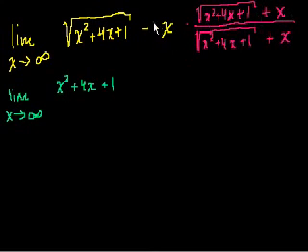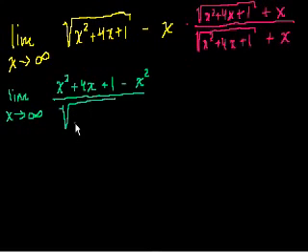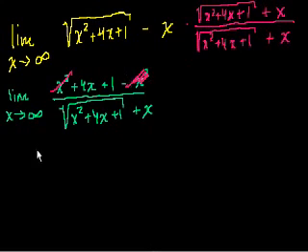Well, what's b squared? b is x, so it's going to be minus x squared. And this is just algebra. Divided by this thing, the square root of x squared plus 4x plus 1 plus x. So let's see, there's a little simplification we can do. These top two terms cancel out, x squared minus x squared.